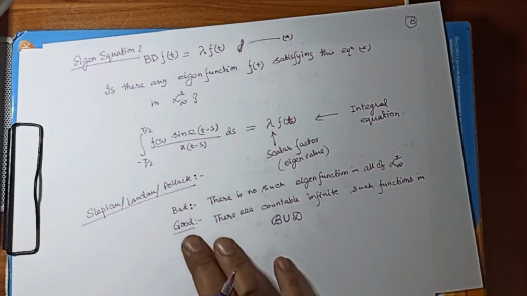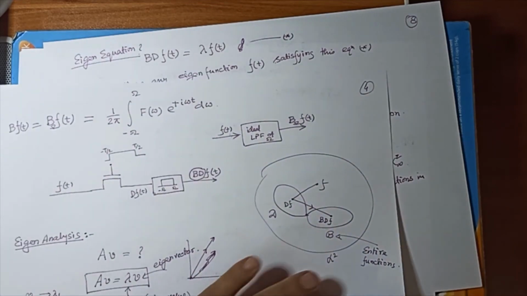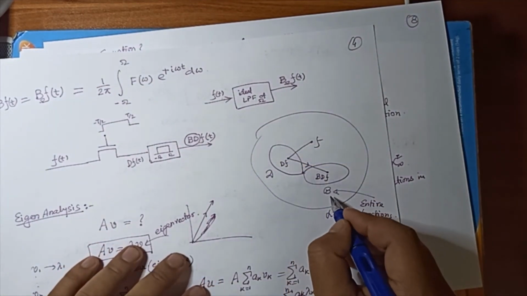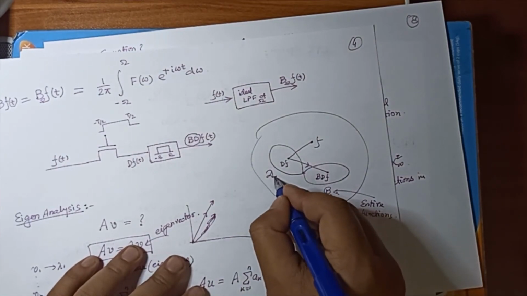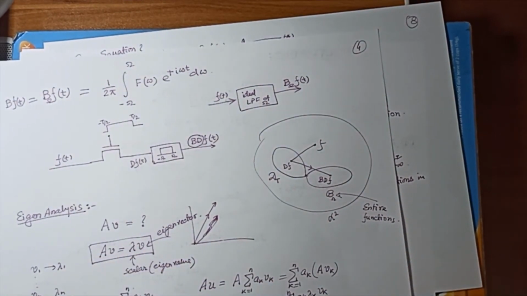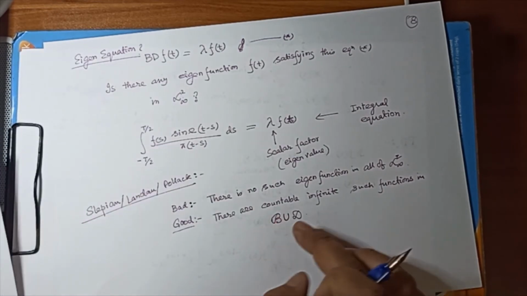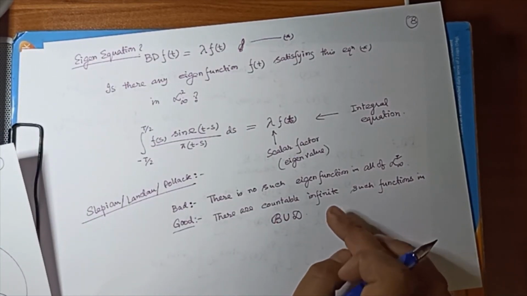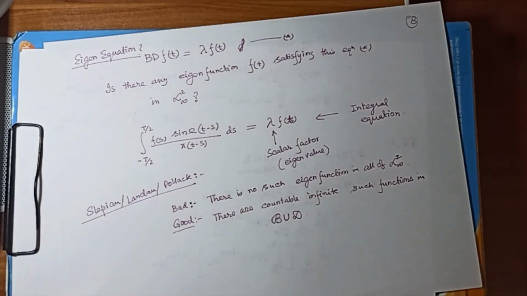So out of the entire space, the most important space we are talking about, the time limited and band limited signal space, say T and omega, there are countably infinite such basis functions, such eigenfunctions.